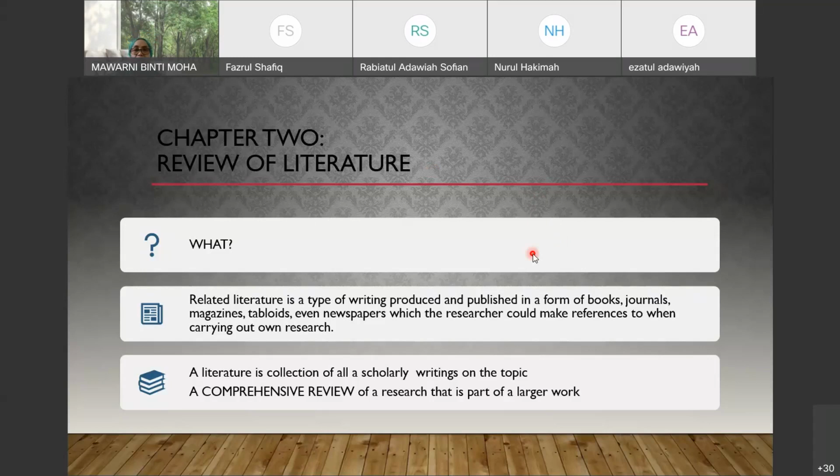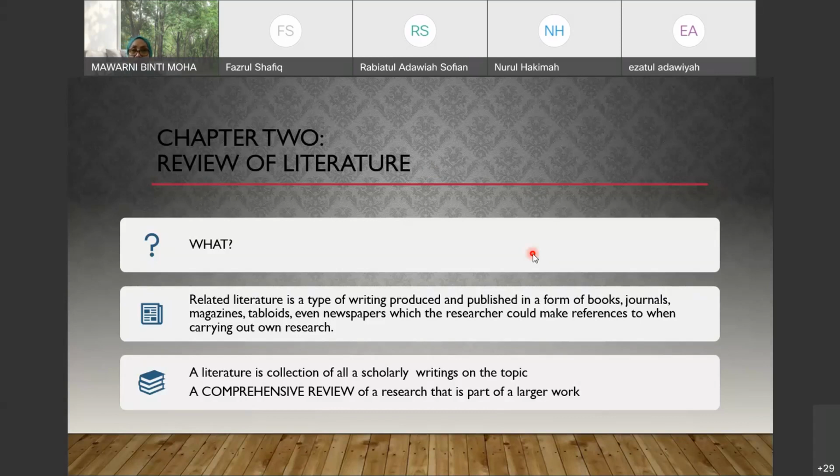Okay, and you can look into how it is being conducted. You can learn a lot from previous research. Who are the samples? What are the instruments? And who are the researchers, who are the experts, that have done this within their area of expertise, or area of specialization.